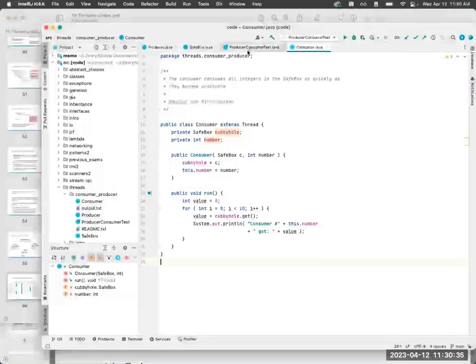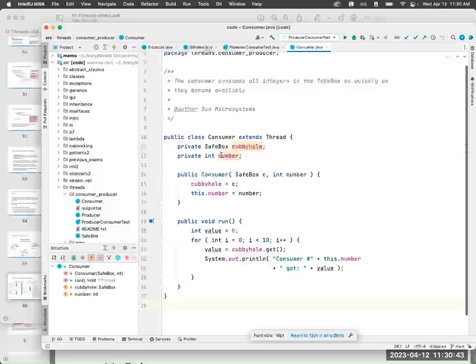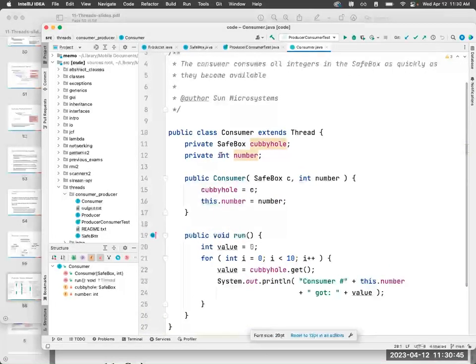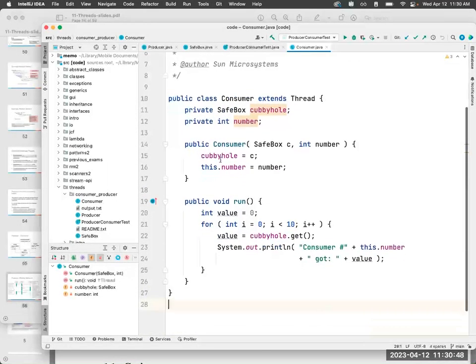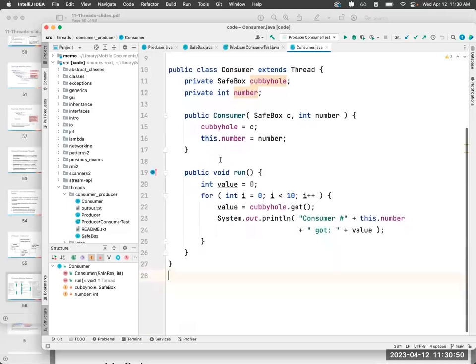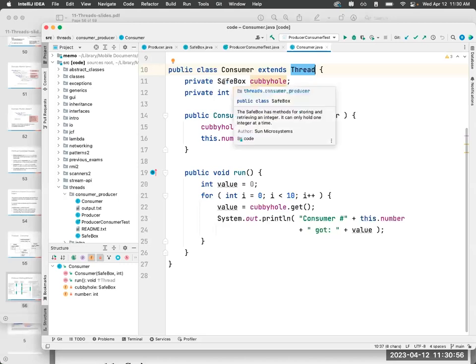So let's take a look first at the consumer and the producer. My consumer, let me make this bigger. Is that good enough? So my consumer is a thread class, subclassing Thread.